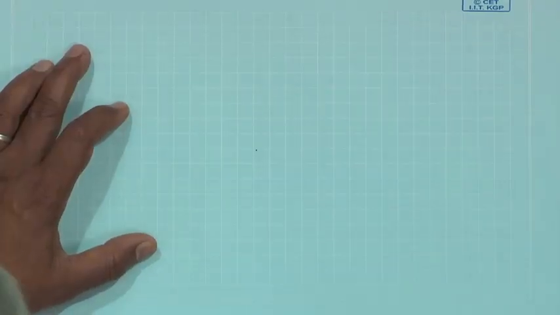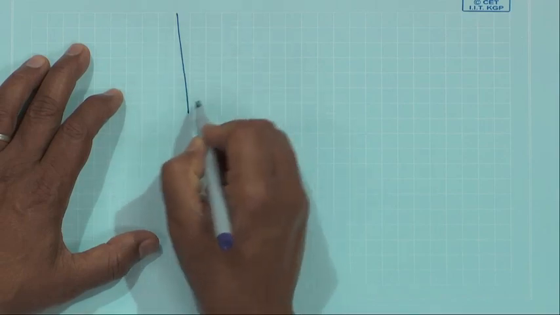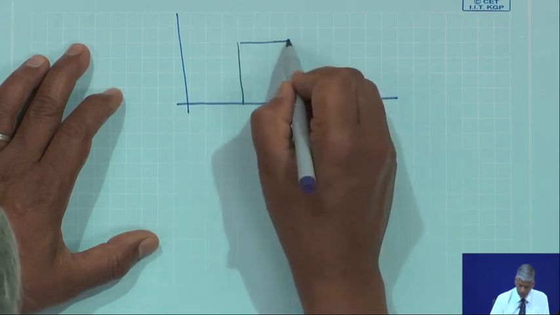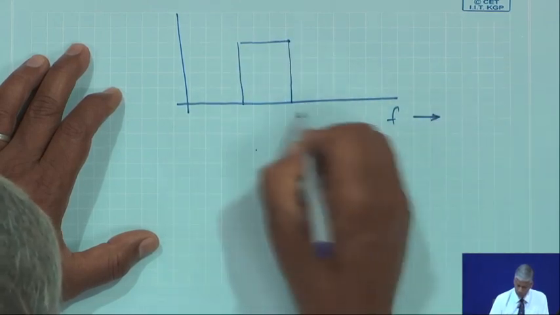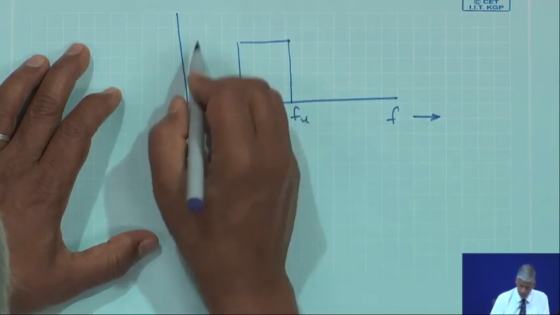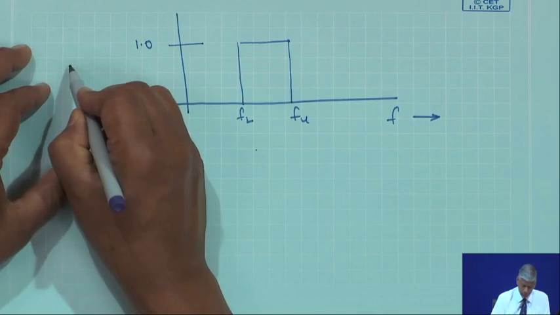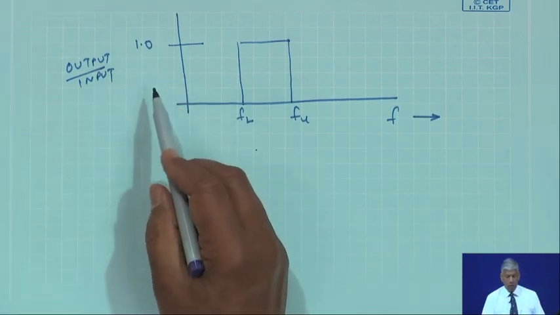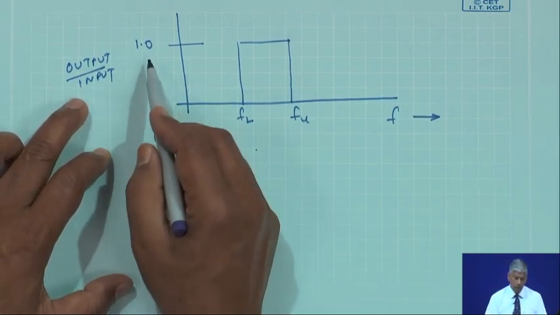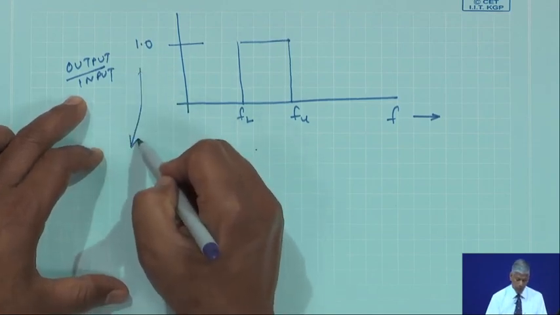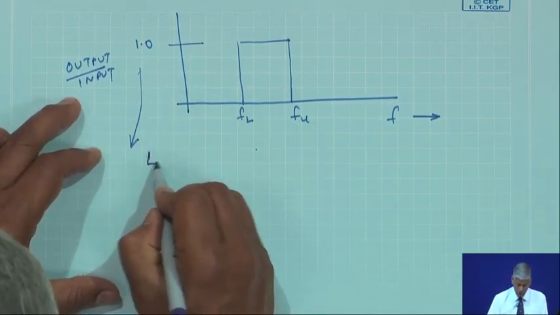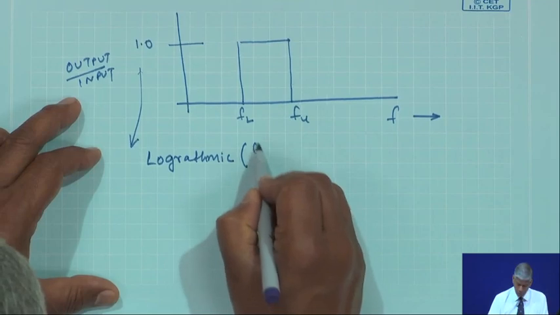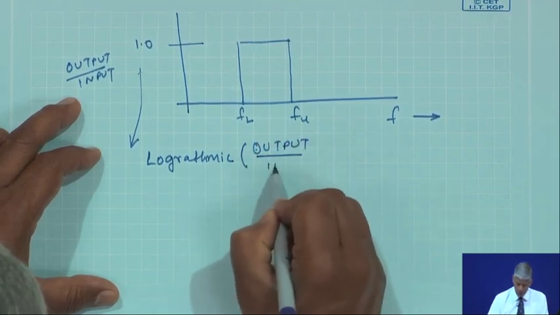Such commercial filters are available in the market. Sometimes this output by input is given in linear units as 1, but sometimes it is also given on the logarithmic scale, 10 times log of output by input.